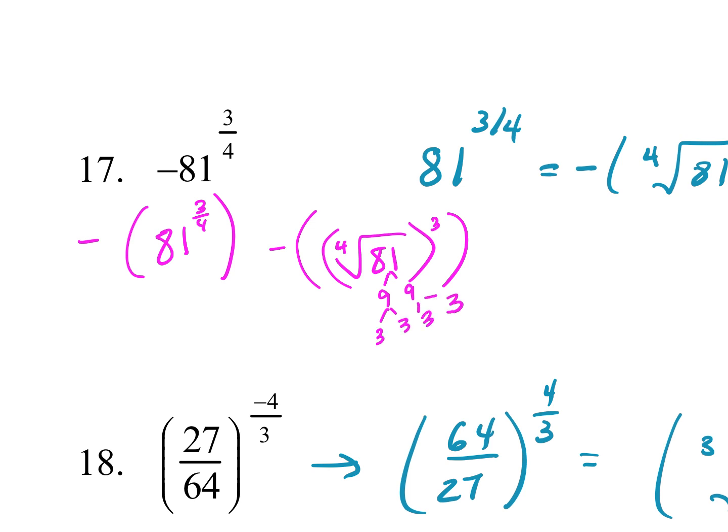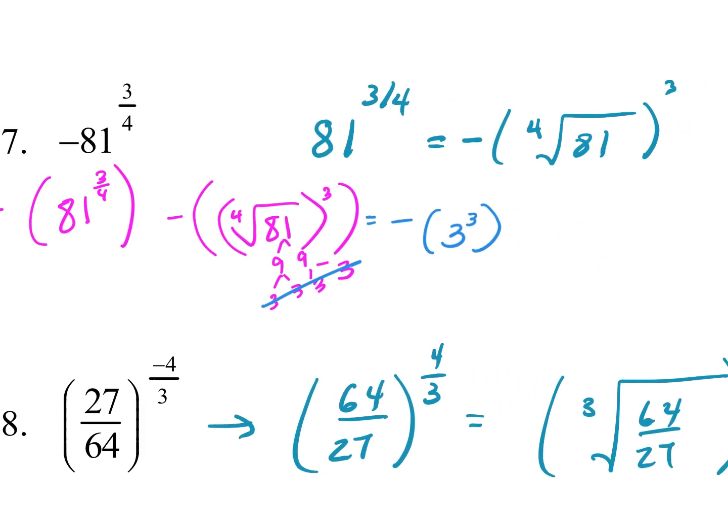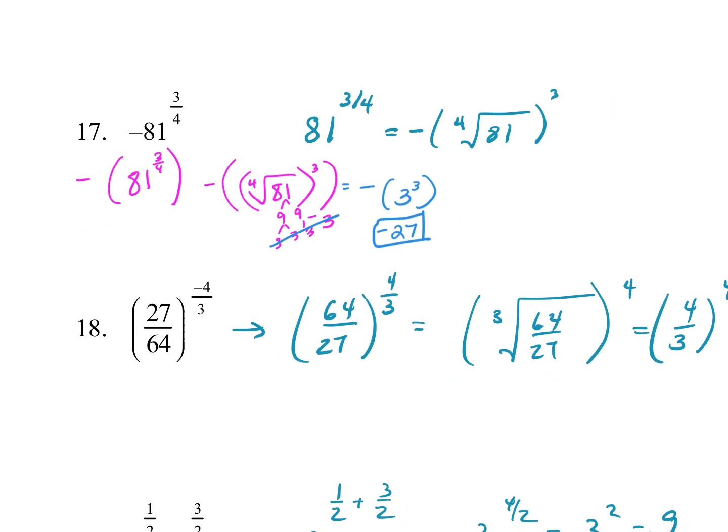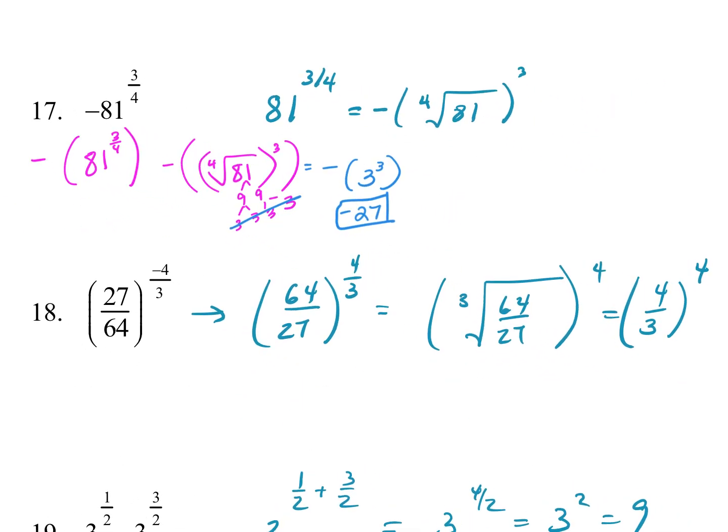So there's 4 3s, which means one's going to come to the outside. I still have negative. It would be 3 to the third, and then 3 to the third. 3 times 3 times 3 is 27, but then it's negative. So it's negative 27. So just be really careful. The negative's what's tricky there, right? Other questions from this page?